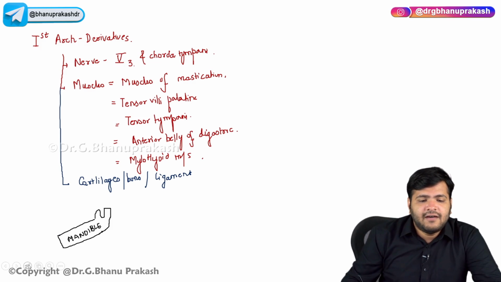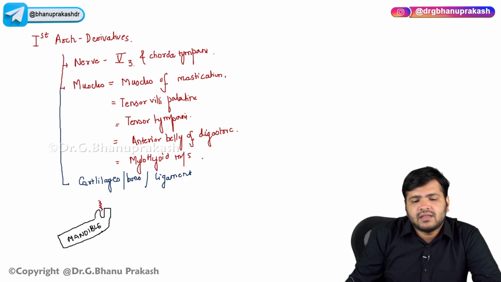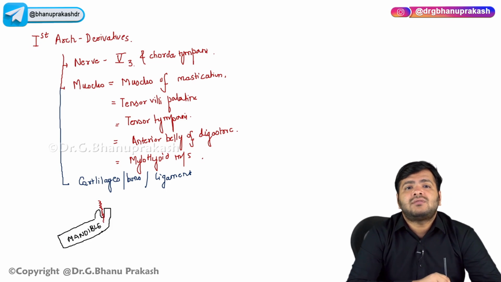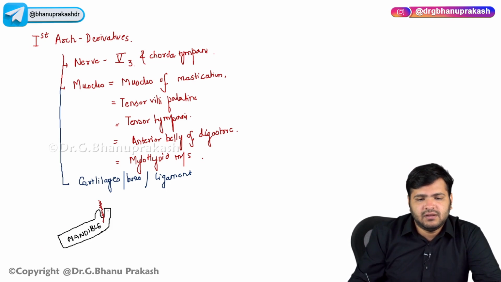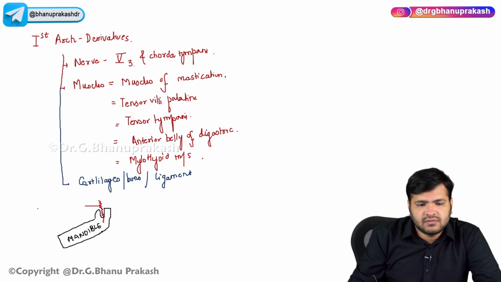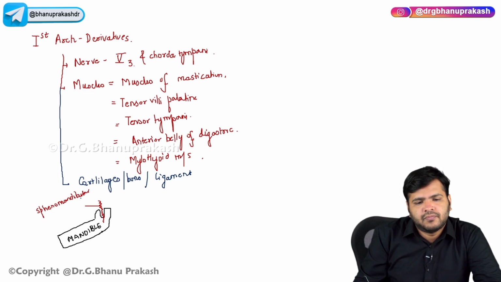We have a ligament over here that is connecting the mandible to the spine of the sphenoid bone. So that is called the sphenomandibular ligament. We also have the sphenoid bone, and which part of the sphenoid bone?